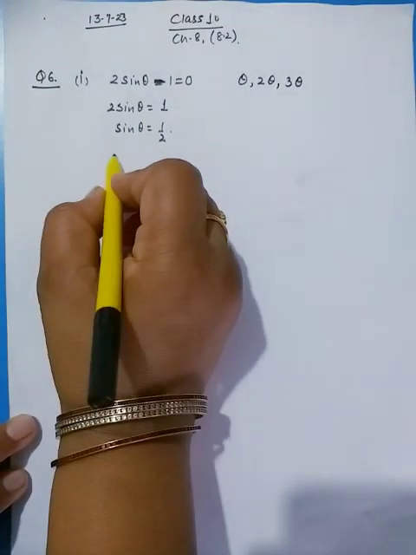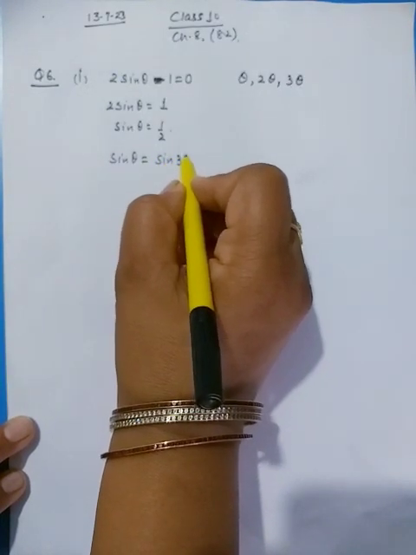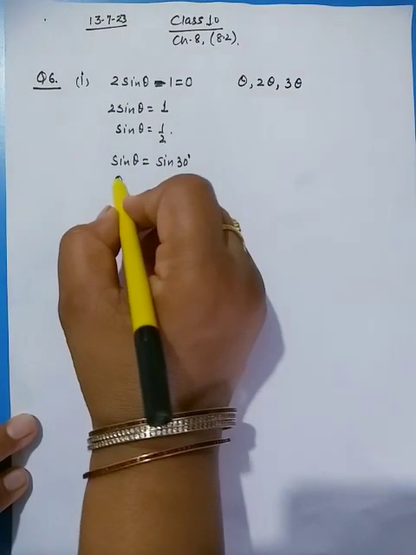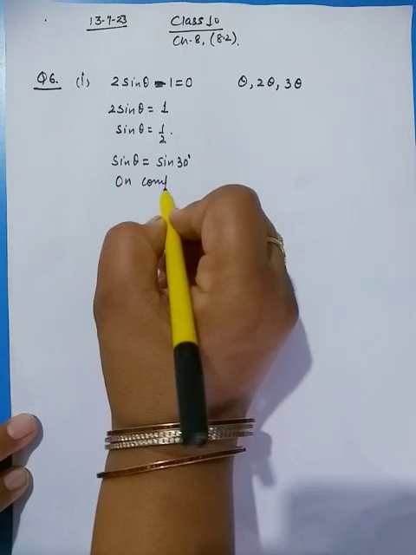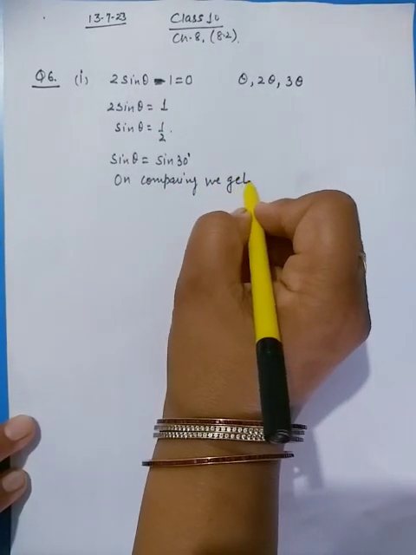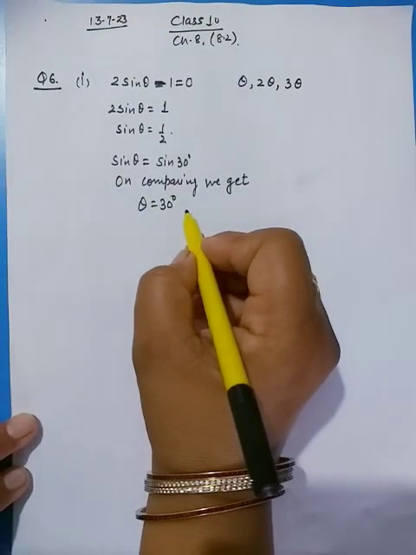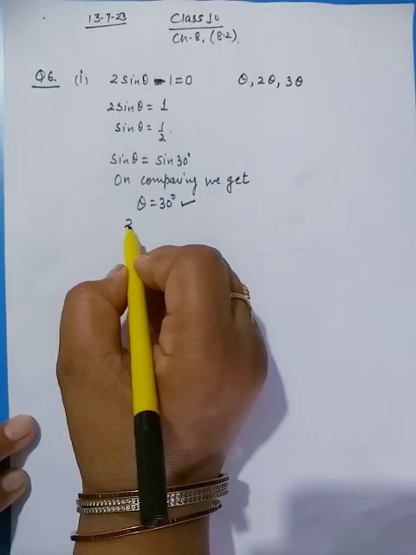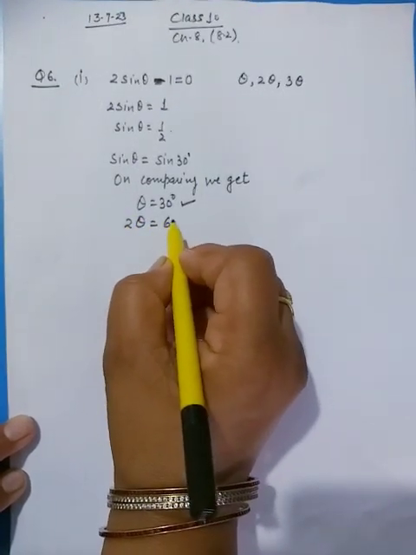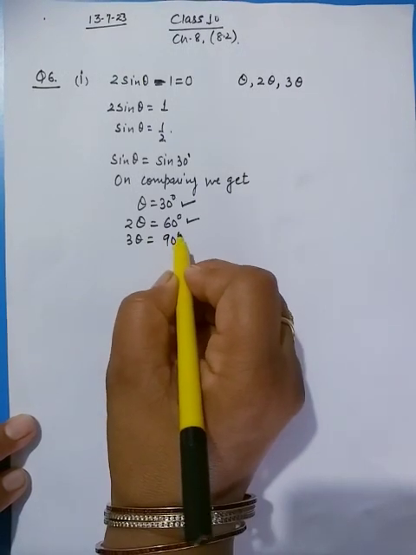So this 1 by 2 can be written as sin 30, so on comparing we get theta is equal to 30 degree. Therefore theta is 30, hence 2 theta will be 60 degree and 3 theta will be 90 degree.